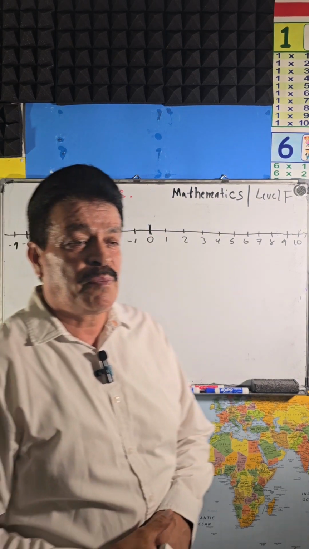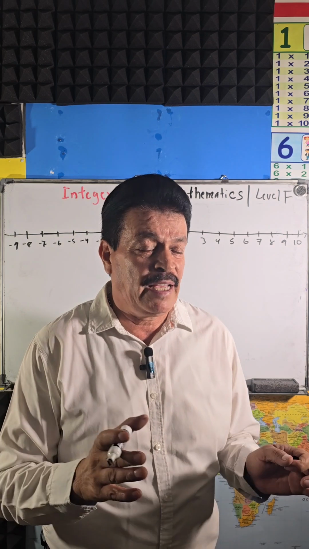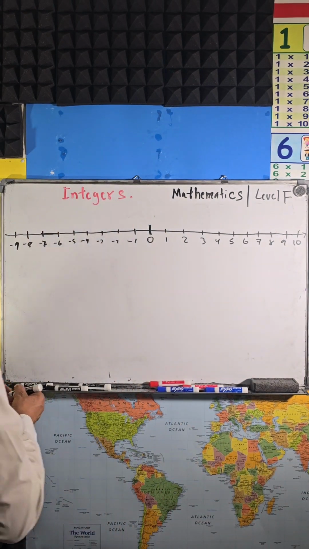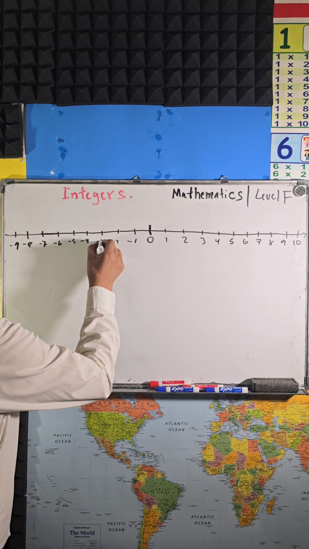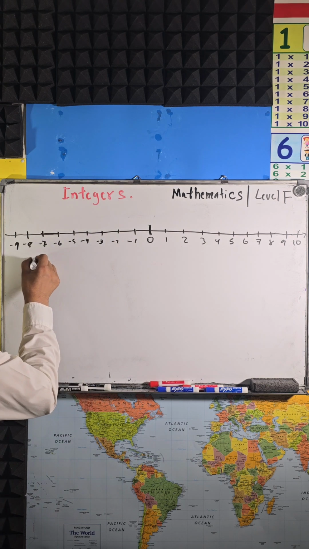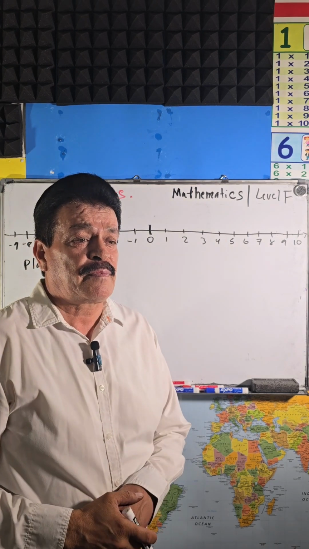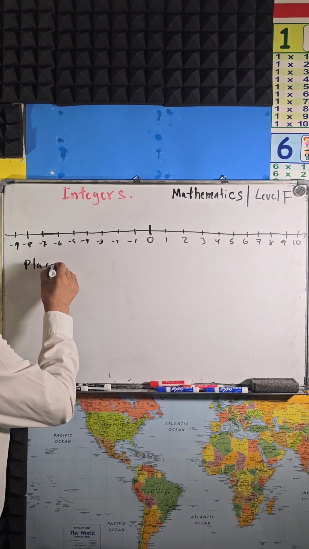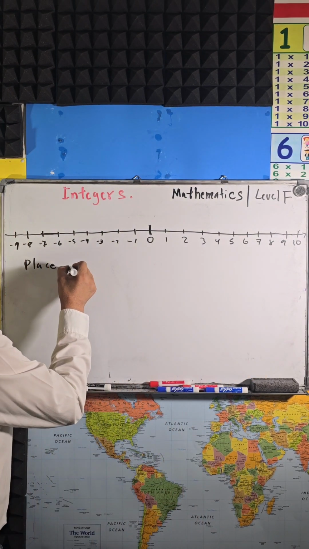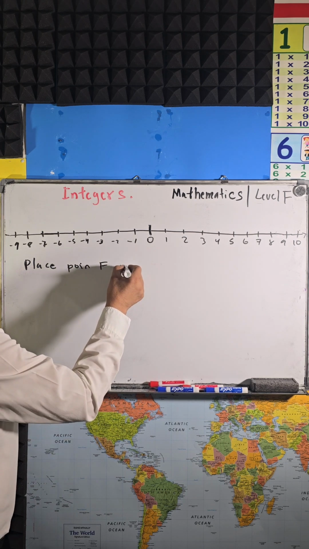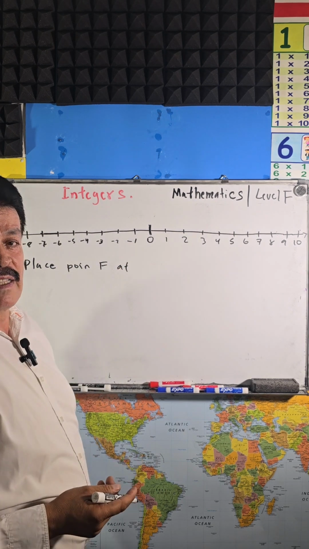Okay, our first exercise, we have to place some numbers on the number line. So this is our first exercise. Place the point F at, let me see, at nine.